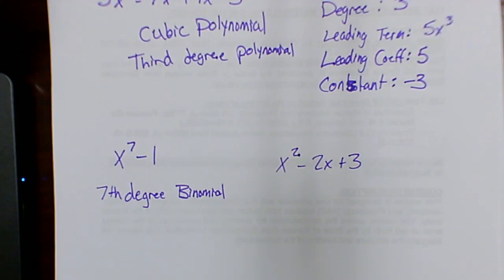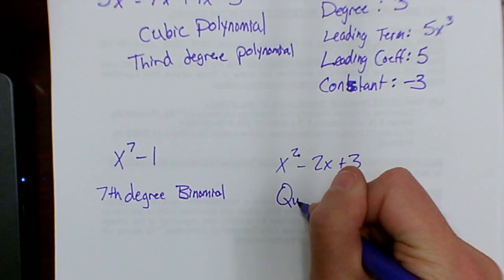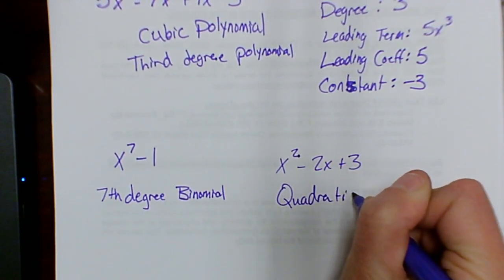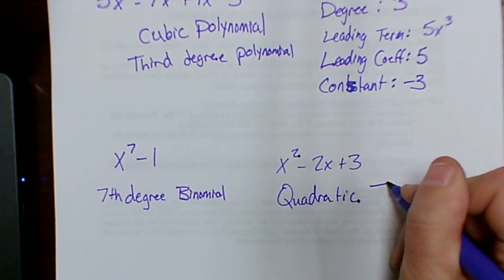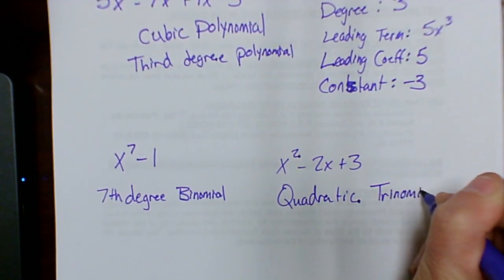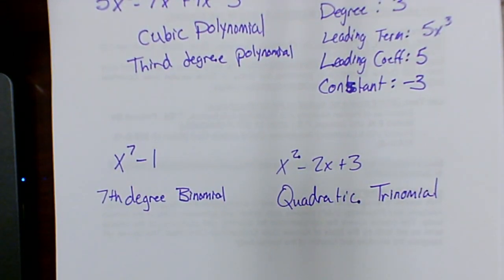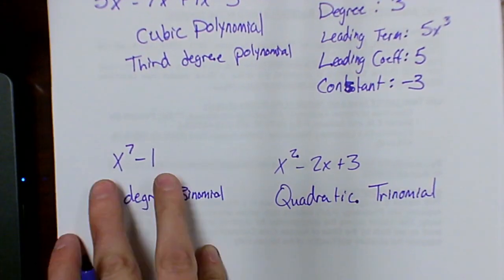X squared minus 2x plus 3. This is a quadratic trinomial or second degree trinomial, or a quadratic polynomial, or a second degree polynomial. But a quadratic trinomial will work as well.